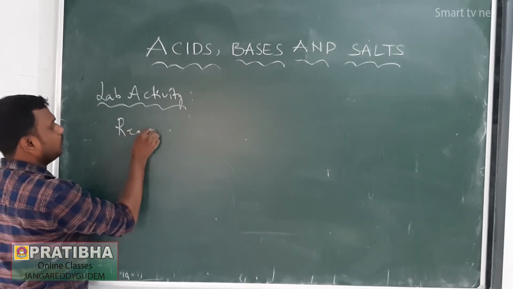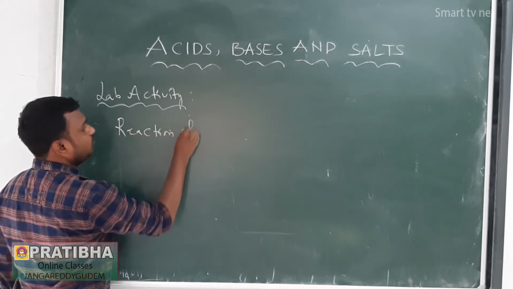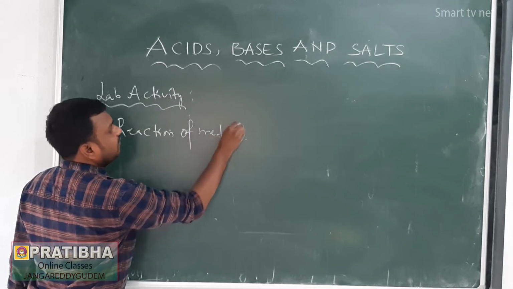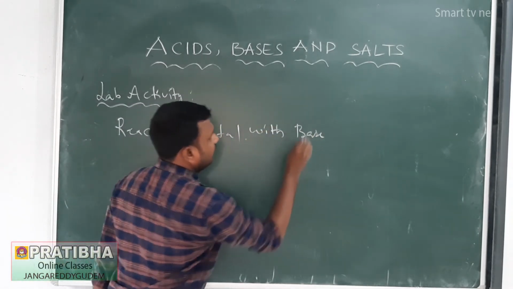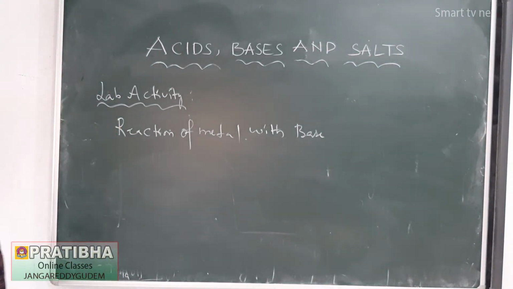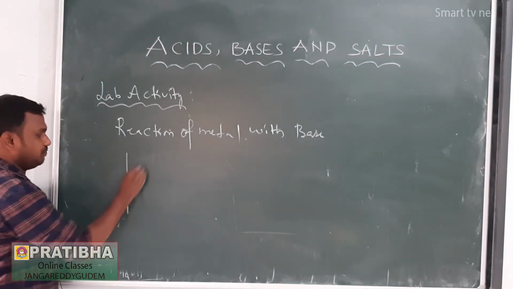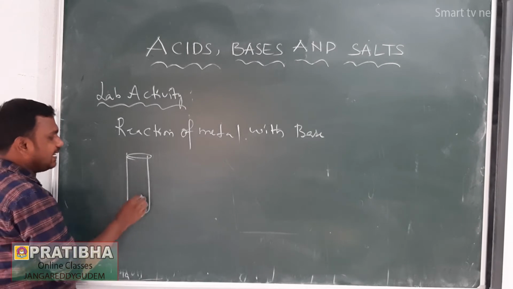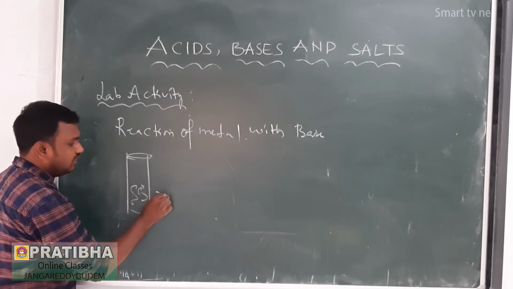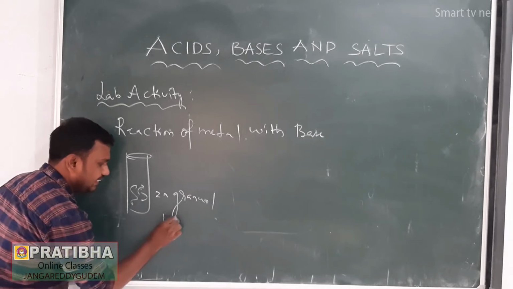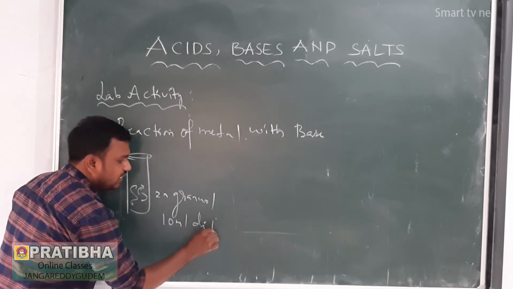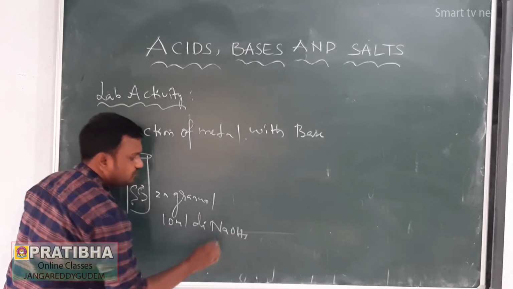Reaction of metal with base. We can take a test tube and add a small amount of zinc granules and add 10 ml of dilute NaOH solution.